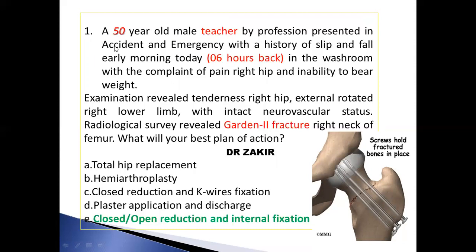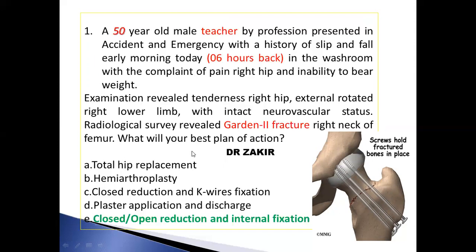The scenario I made is a 50 years old male, teacher by profession, presented in accident emergency with a history of slip and fall early morning today in the washroom with the complaint of pain in the right hip and inability to bear weight. Examination revealed tenderness of the right hip, externally rotated right lower limb with intact neurovascular status. Radiological survey revealed Garden type 2 fracture neck of femur.